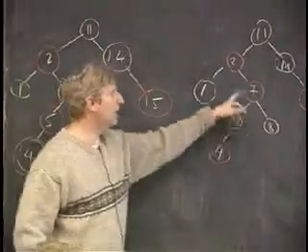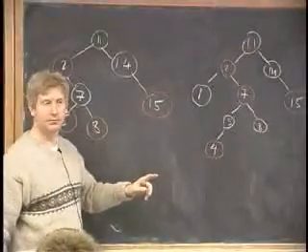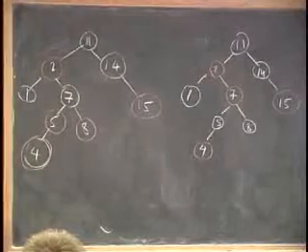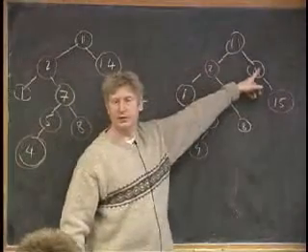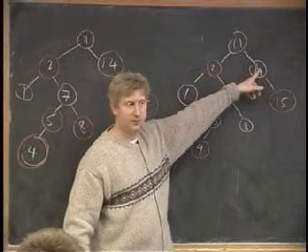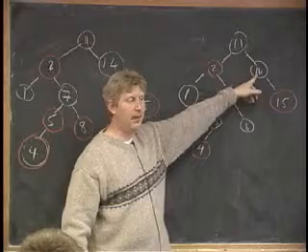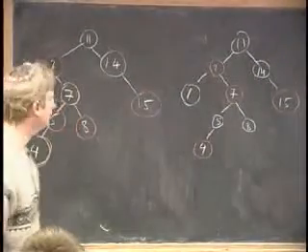If this, where's the uncle here? Is it this one? Is it this one? Where's the uncle? This is the uncle. It's black, so we got trouble. If it weren't black, we could just pop it up and we'd be done. We'd move the colors up and we'd be finished.